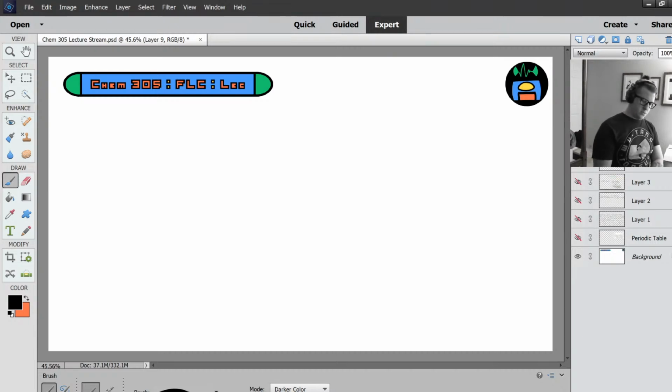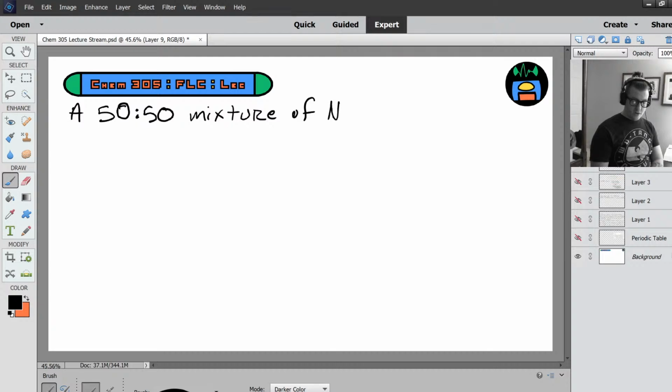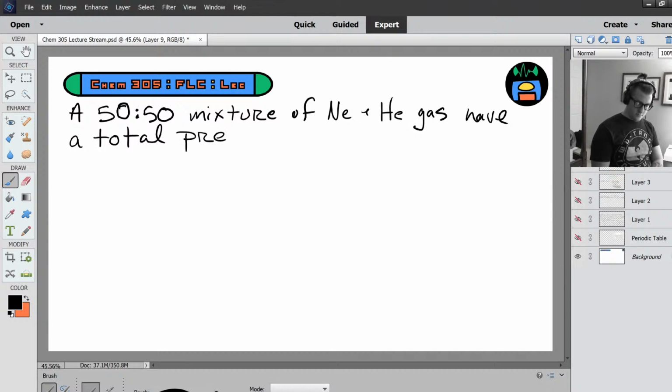So a 50-50 mixture of neon and helium gas have a total pressure of 1.00 atmospheres.